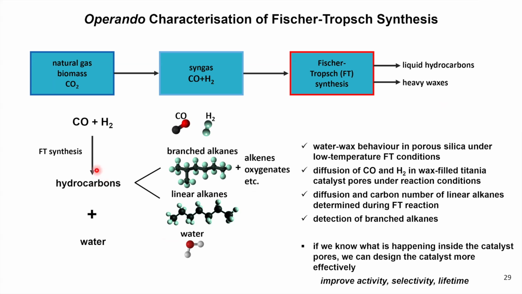And we'd like to know more about what's going on here. We mainly produce linear alkanes, but there will be some other side products as well. So there might be some branching in there. We'll get some unsaturated products, some oxygenates in there as well. Normally people would measure what comes out of the bottom of a reactor.